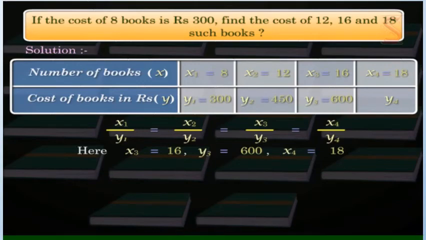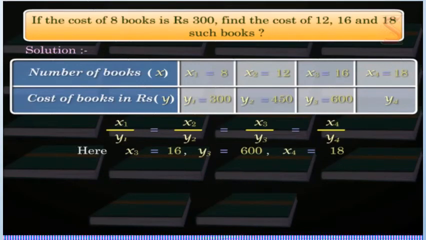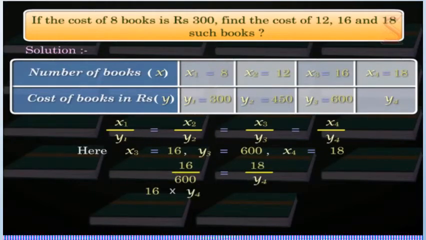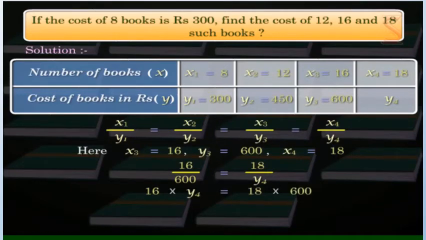Now find y4. So substituting the values, we get 16 by 600 equal to 18 by y4. So y4 equal to 675 after doing the calculation.